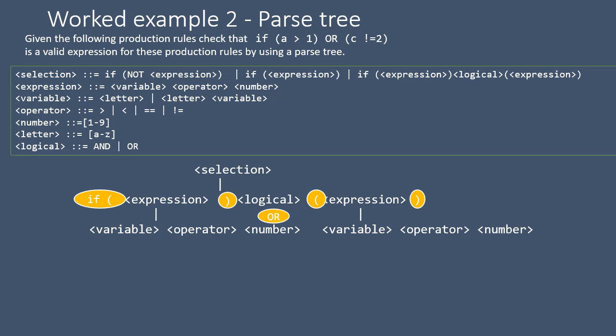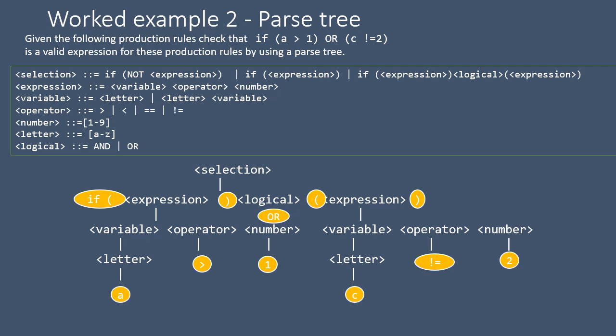Our variable can be made up of a letter, and our operator and our number are made up of terminating symbols. The operator here is greater than, and the 1, and the not equal operator and the 2 there, so we've identified those.